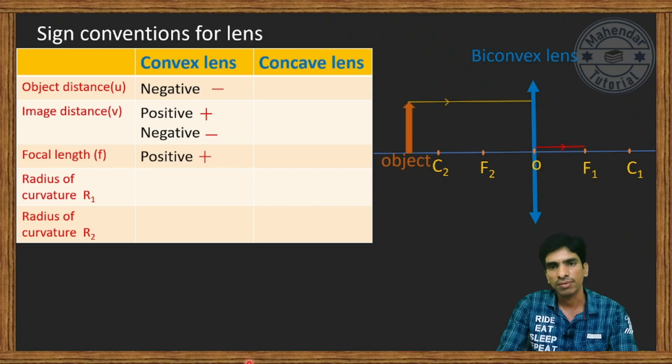Next, radius of curvature, it means O to C1. This is the incident light and this is the direction of the measurement O to C1. Both are in the same direction, so we have to take the positive sign. R1 is positive. Next, radius of curvature R2, it means O to C2.